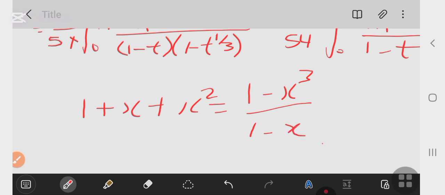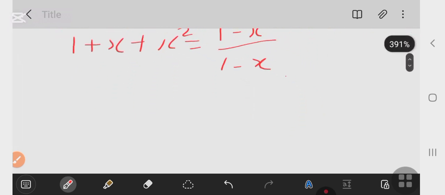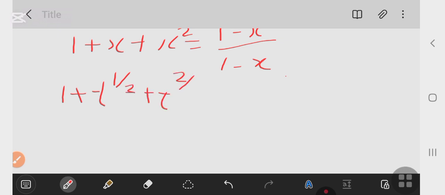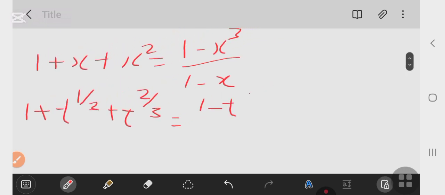So if I replace this x with t raised to power 1 over 3, I'll have that 1 plus t raised to power 1 over 3 plus t raised to power 2 over 3 is equivalent to 1 minus t raised to power 1 over 3, cubed, all over 1 minus t raised to power 1 over 3.